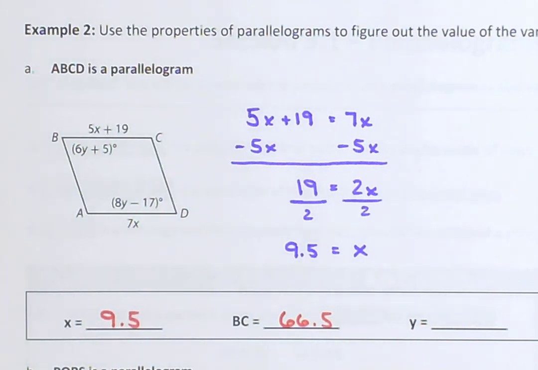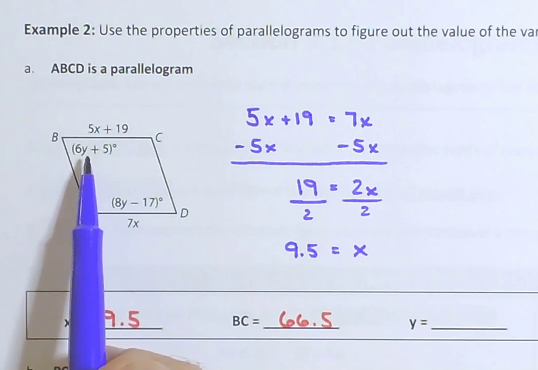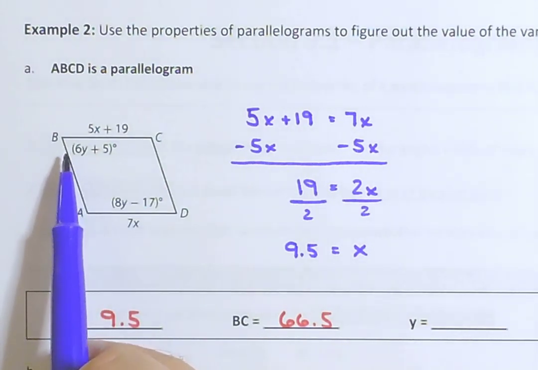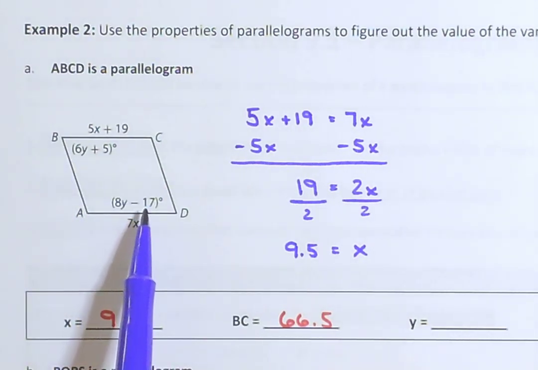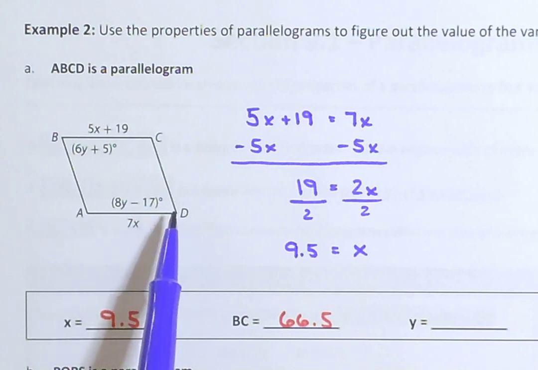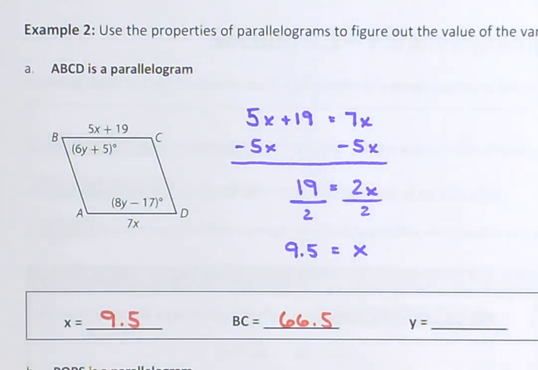All right, so that's how we go through and figure out the value of x and then the measure of BC. Next, we're going to talk about how you go through and solve for the value of y. So there's two things that involve y. This 6y plus 5 is talking about angle B, and then the 8y minus 17 is talking about angle D. So I know two things with angles.